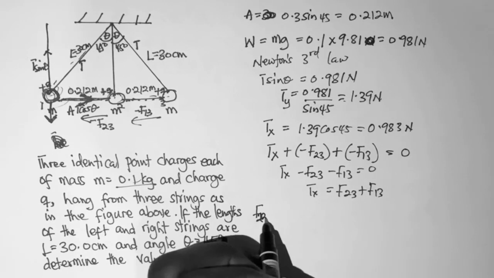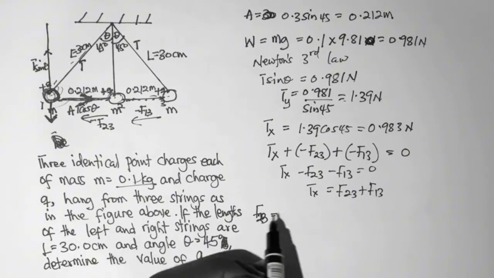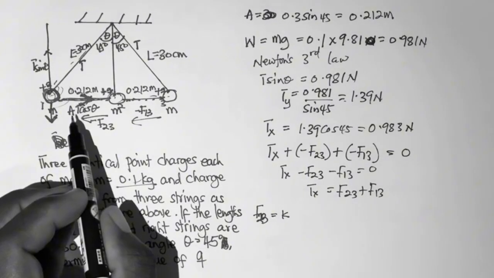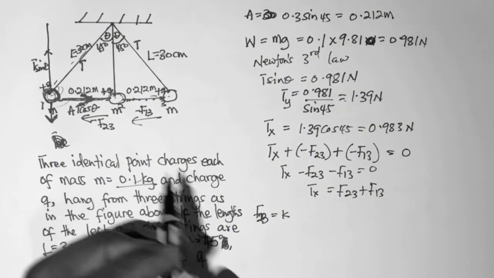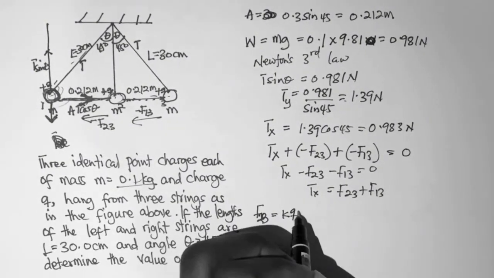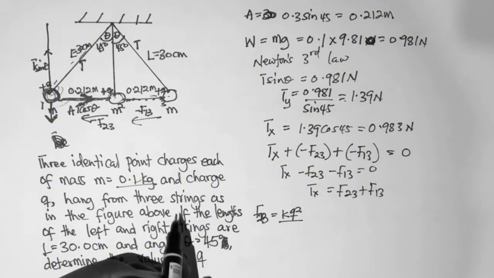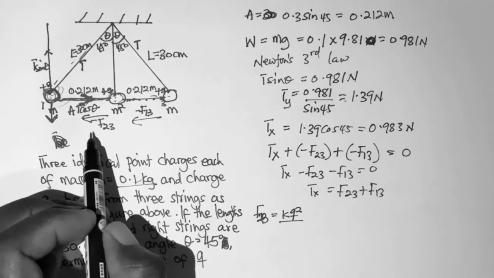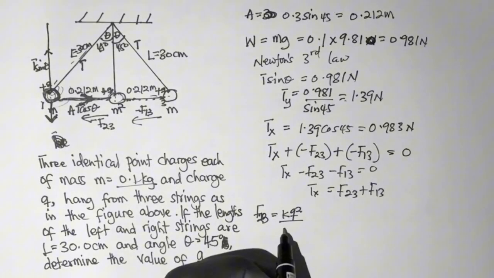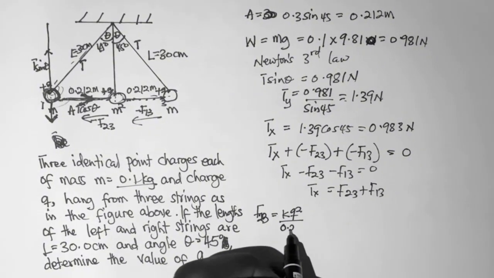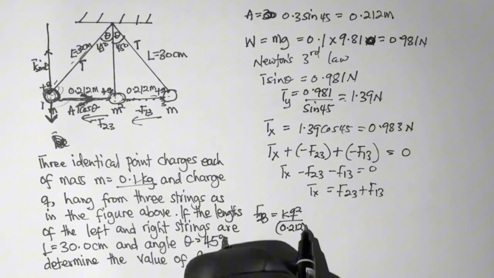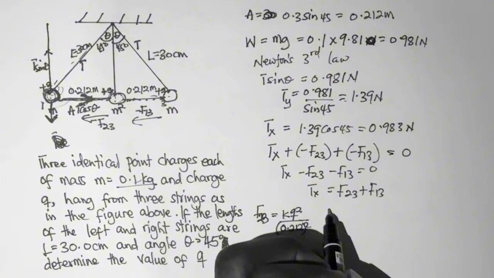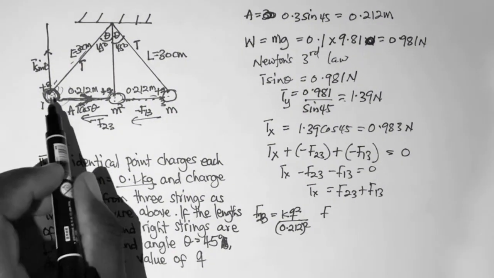F23 is equal to K, and the charges we don't know, but they are equal charges. So Q squared divided by the distance between this charge and this charge, which is 0.212 squared. I made a mistake.